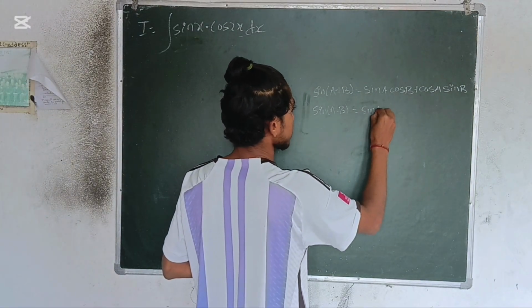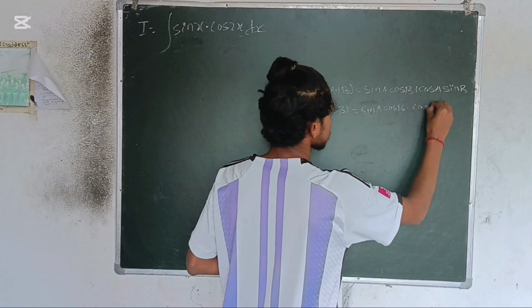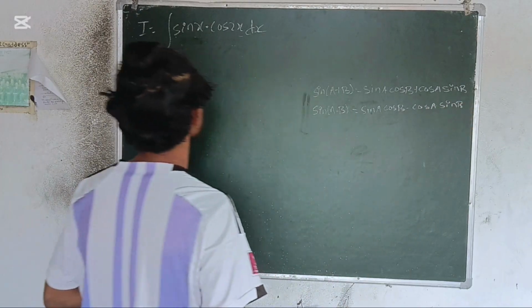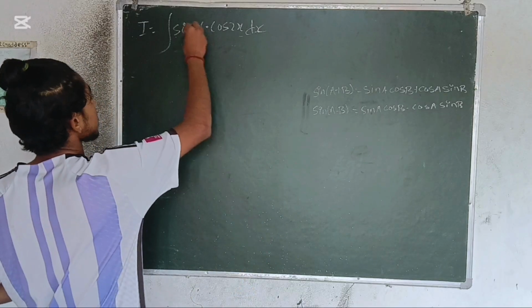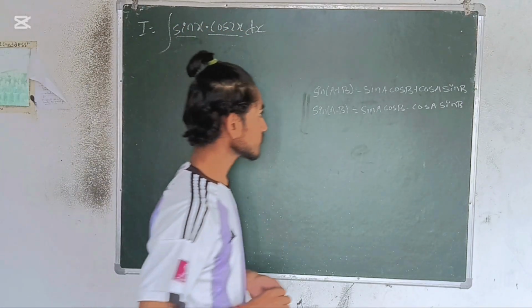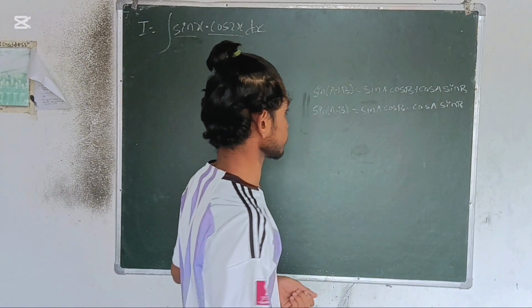So this is sine a cos b minus cos a sine b. Our format actually looks like sine a cosine of b.